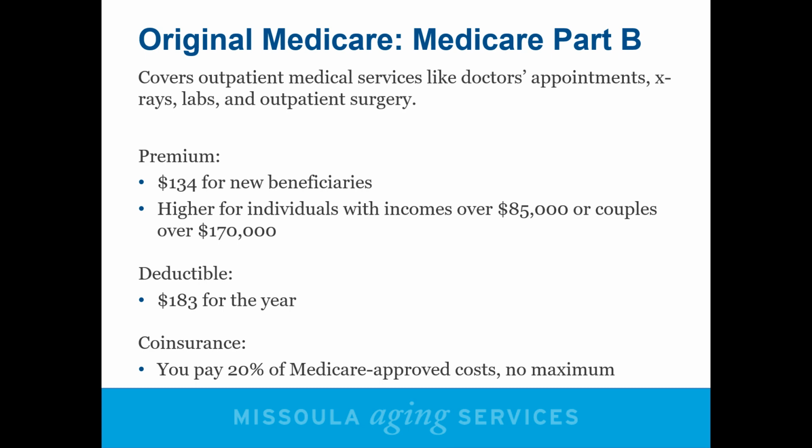If you had something major, like cancer or you needed a lot of surgeries, maybe an organ transplant. So you could be looking at $20,000, $40,000 you're on the hook for, if you're hanging out with just original Medicare Part A and Part B.